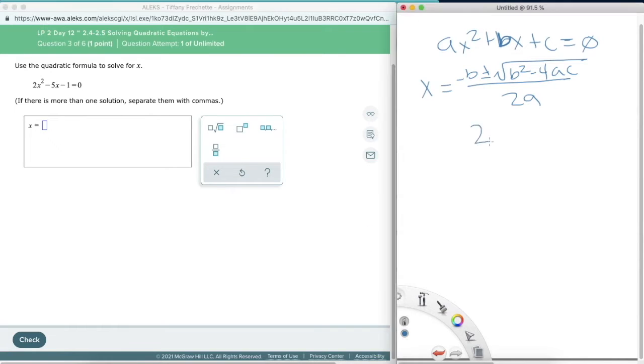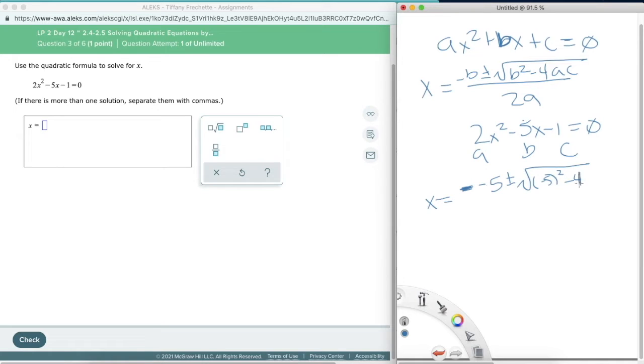2x squared minus 5x minus 1 equals 0. I have a, b, c. So I'm going to go x equals negative b. So don't get rid of this negative. It's negative and then another negative 5, because b is negative 5, plus or minus the square root of negative 5 squared minus 4.